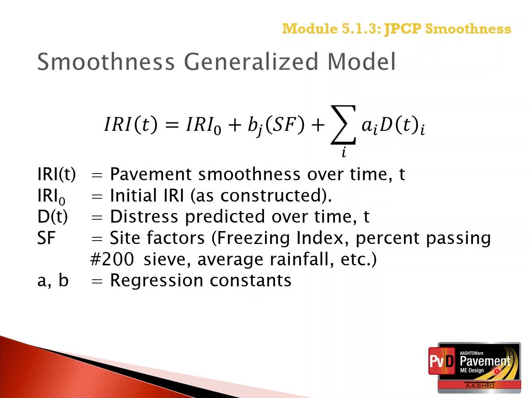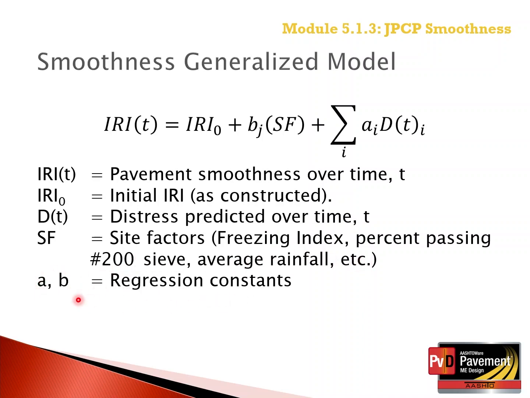The IRI is predicted over time and is based on the initial smoothness, initial IRI after construction, the distresses measured or predicted over time, and the site factors, which can include freezing index, percent passing the number 200 sieve, average rainfall, and other types of climatic and soil factors.